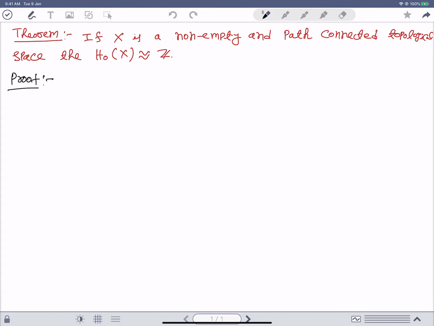First of all, what is the definition of H0 of X, that is the zeroth singular homology of X? By definition, H0 of X is the kernel of del 0 quotient with the image of del 1. But we know that del 0 is just the 0 map, right?